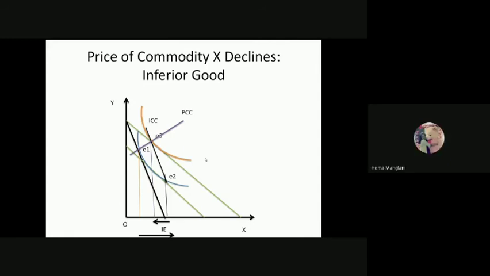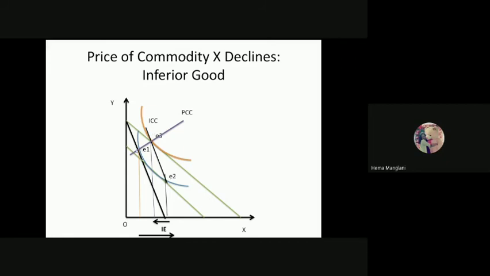So here, what is happening to the price of the commodity? Your initial consumption is this E1, and you're still consuming more of X at E3. You are actually comparing E2 to E3. Fine, but the substitution effect takes place after the change in price.